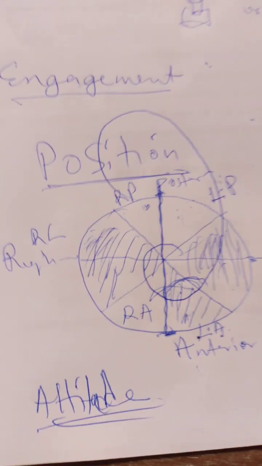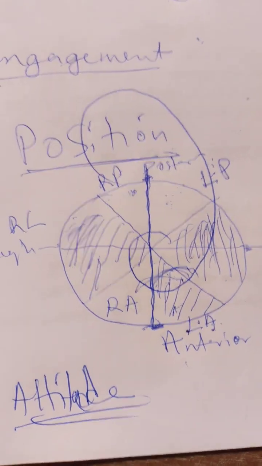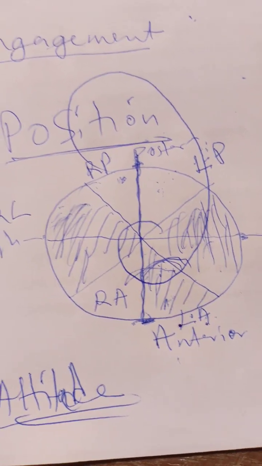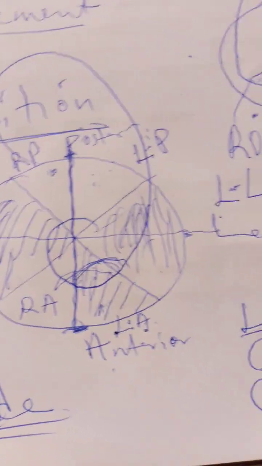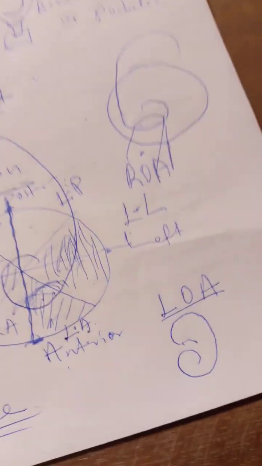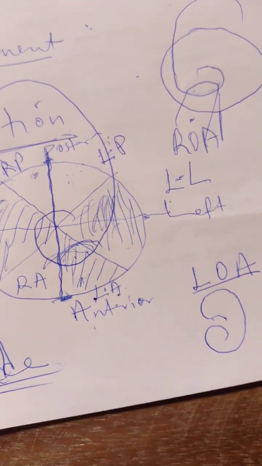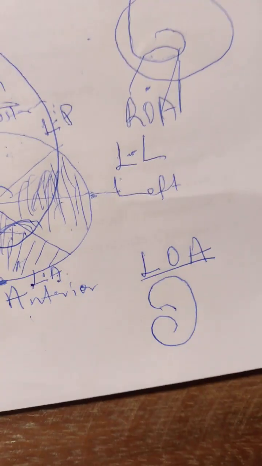Sometimes a baby may have the head tilted towards the chest, the legs tilted towards the chest, the hands tilted towards the chest, and the baby is lying inside the womb as if it is round. That attitude is referred to as complete flexion.